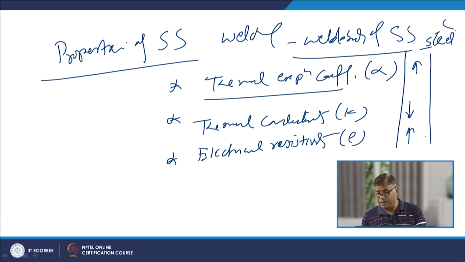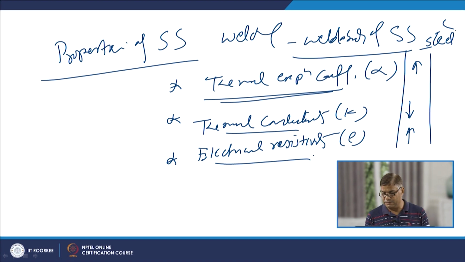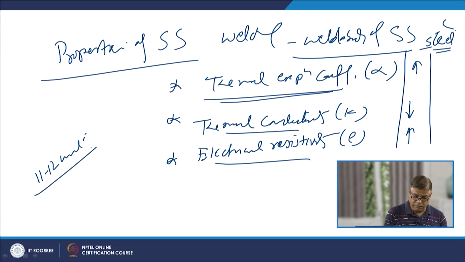So, there is a large variation in the thermal expansion coefficient, thermal conductivity and electrical resistivity of stainless steel as compared to the carbon steel. This difference leads to a greater difference in the weldability of the stainless steel. For example, for simple carbon steel the thermal expansion coefficient is normally 11 to 12 units, while for the stainless steel it is 15 to 16 units.